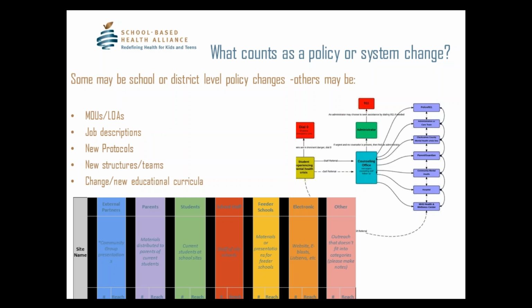What about handoffs between your primary care provider and your mental health provider? What about follow-ups? How's care being followed up? What's the follow-up by the teachers, by the parents? If you have a procedure for any of these things, these would all be counted as policy and system change. Care coordination, how you're coordinating care with your social workers in your school, with school psychologists, with other community groups that you're working with.